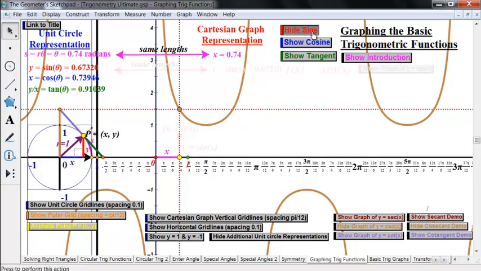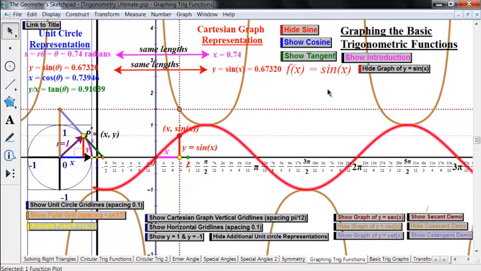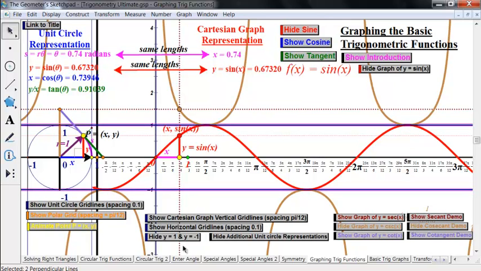Now let's look at that in comparison to the sine graph. If you remember what the sine wave looks like, then you're going to know that anytime the graph of y equals sine of x hits the line y equals 1 or y equals negative 1, in other words, the maxima and minima on the sine graph are going to be the minima and maxima on the cosecant graph.